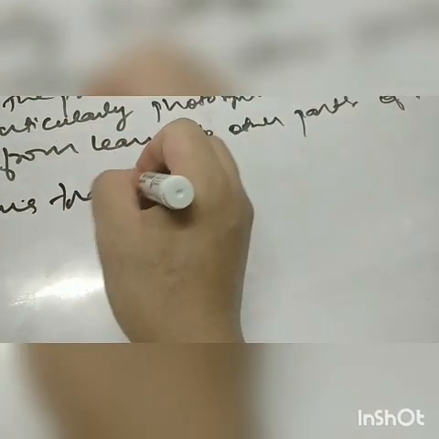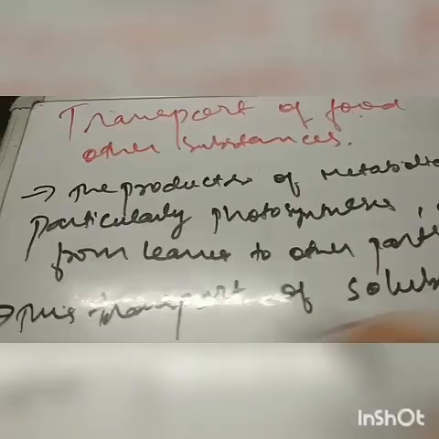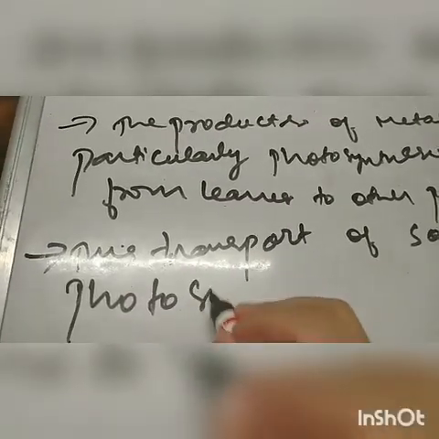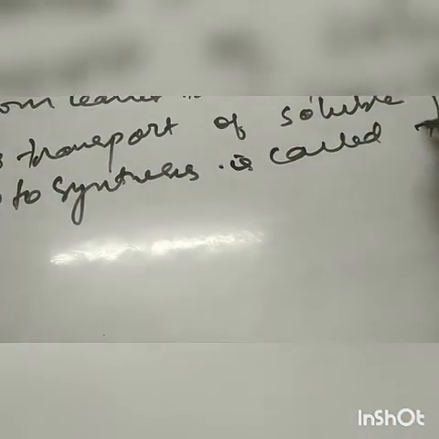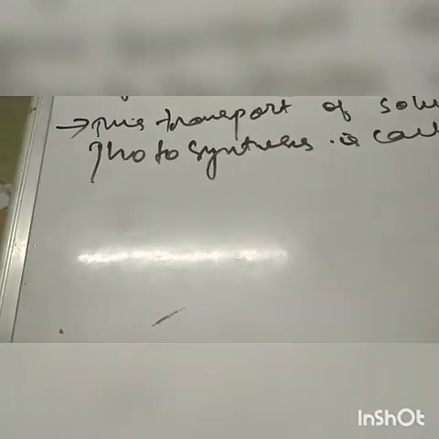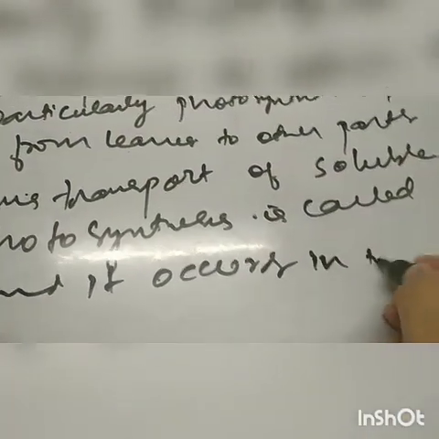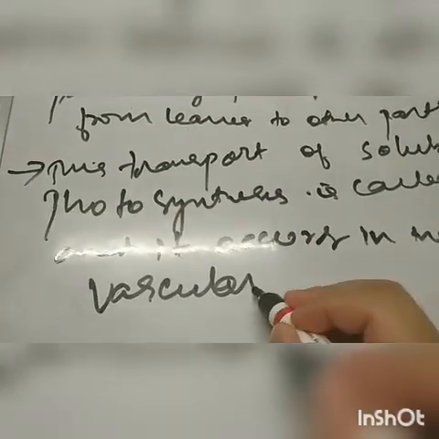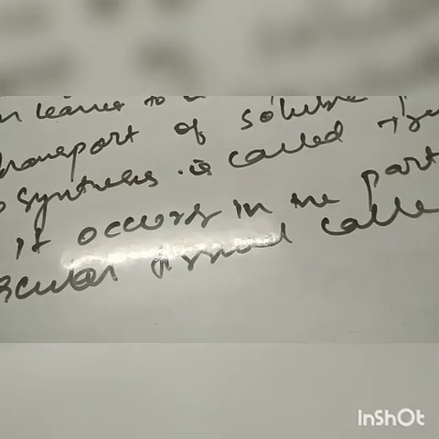This transport of soluble products of photosynthesis is called translocation, and it occurs in the part of vascular tissue called phloem.